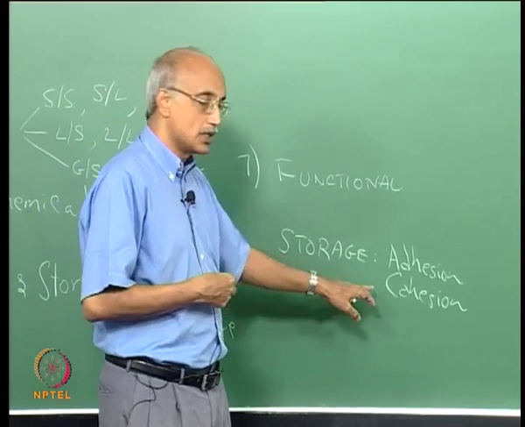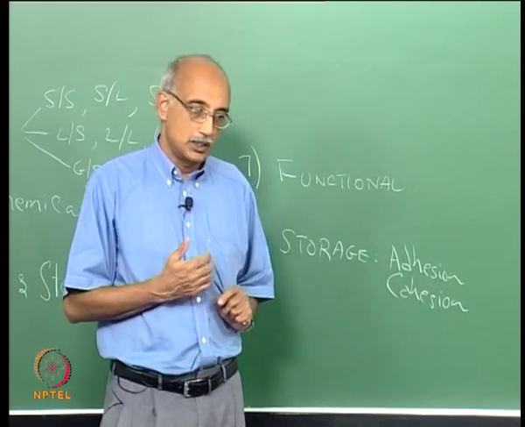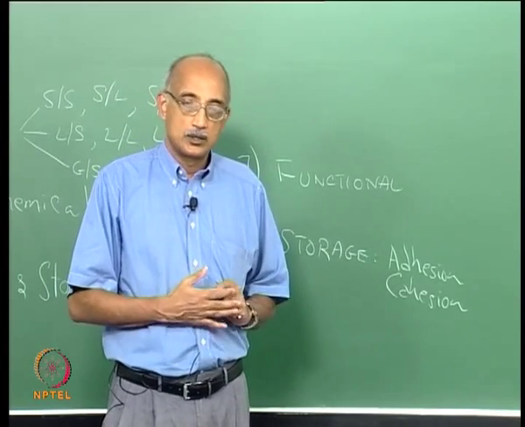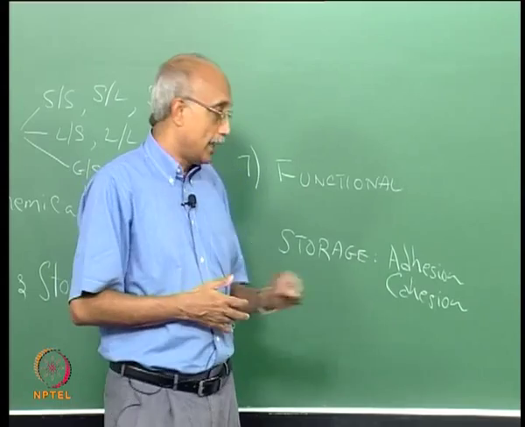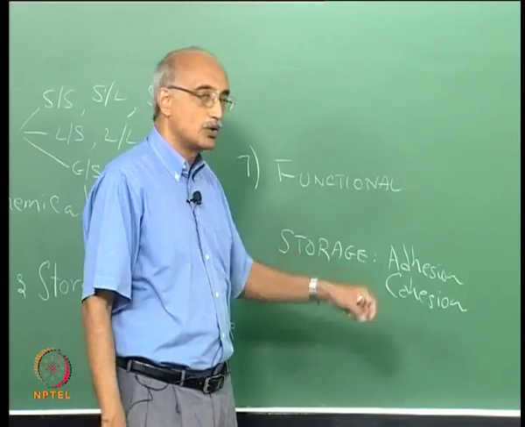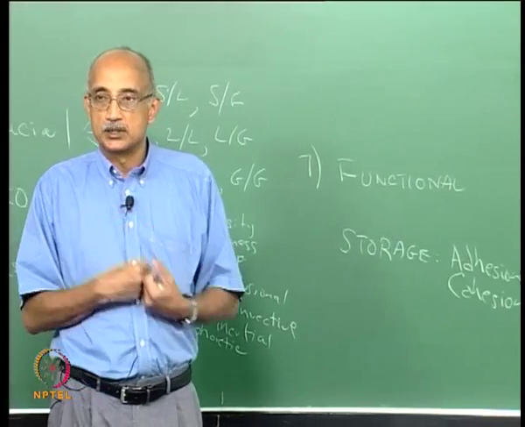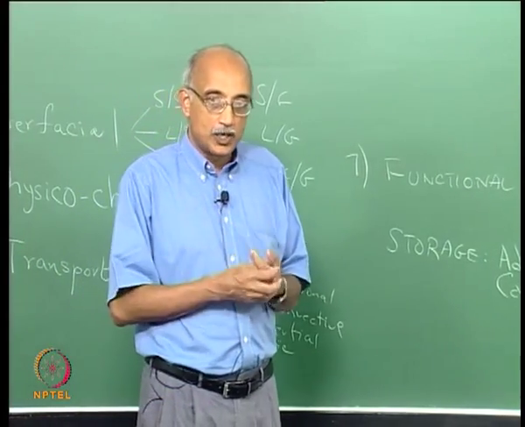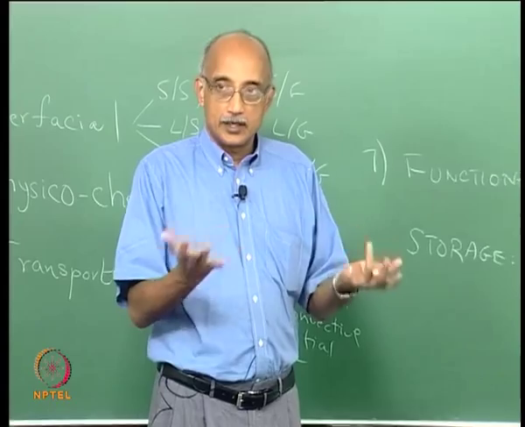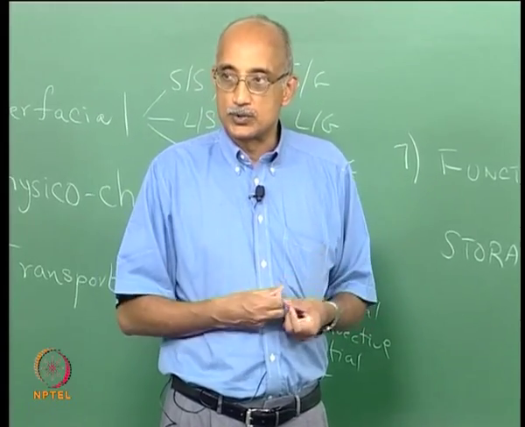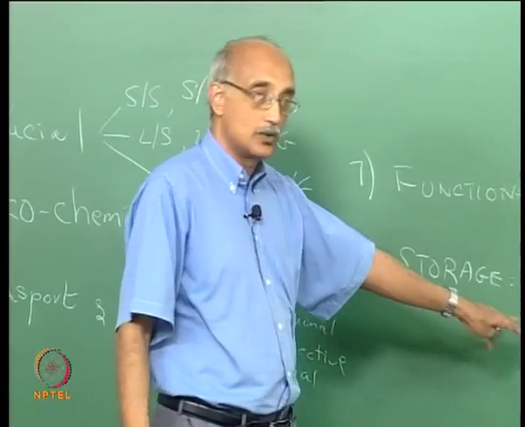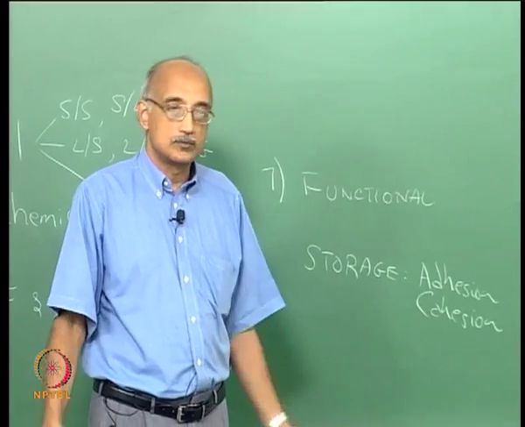So, clearly cohesion has a huge effect on the flowability of the powder, transportability of the powder, and certainly on storage also, because the more cohesive the particles, the more likely they are to form a clump, and then they will have to be somehow de-agglomerated before they can be used. Whereas, if they do not have a severe cohesive tendency, then they can be stored for a long period of time without agglomerating.